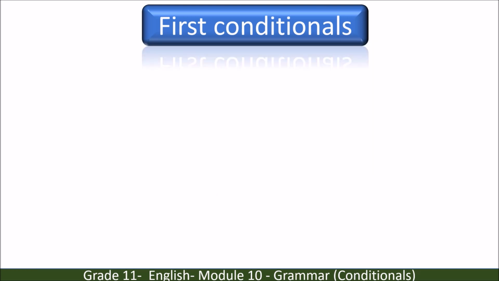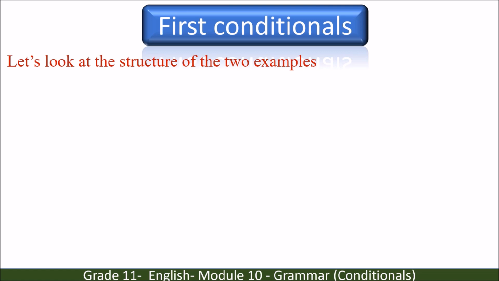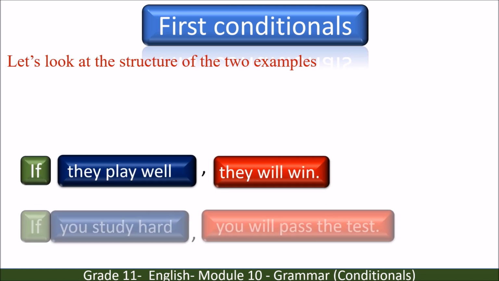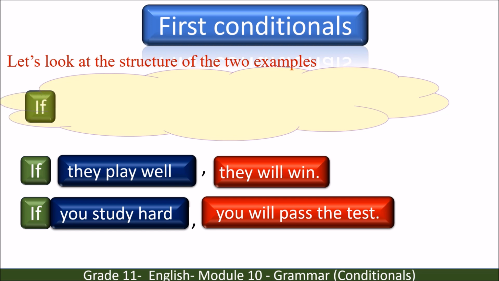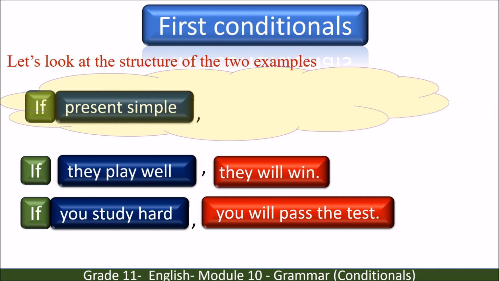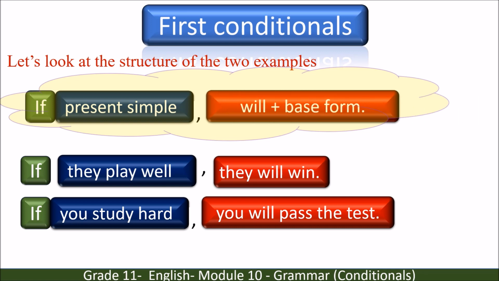Now let's look at the structure of these two examples here. Can you now tell what the structure of a first conditional sentence is? Exactly. It's if, followed by present simple, then will, and base form.